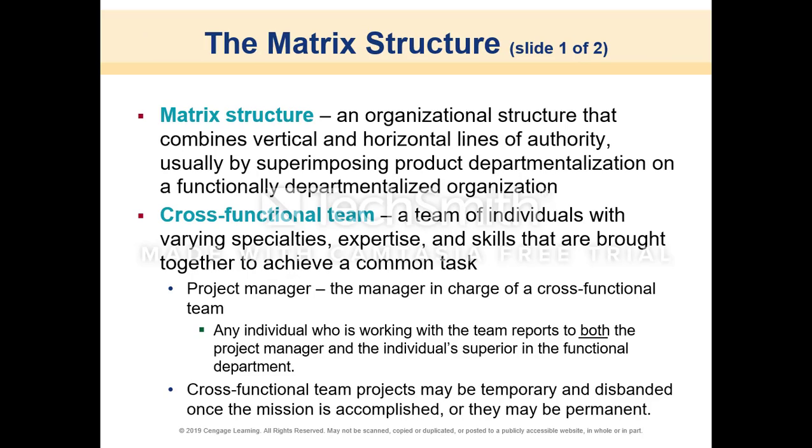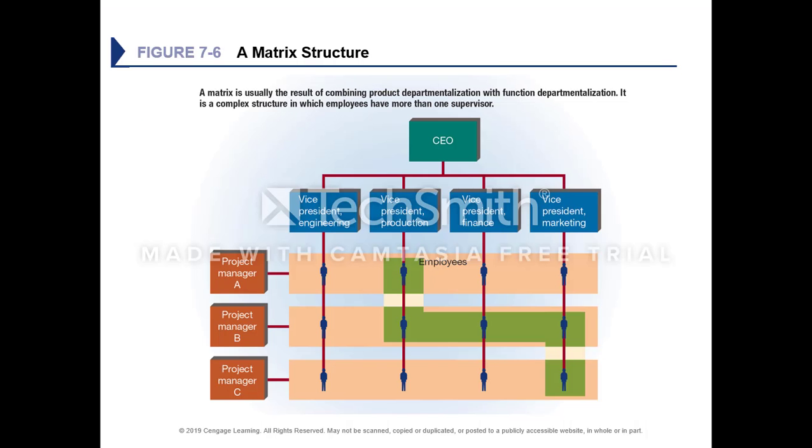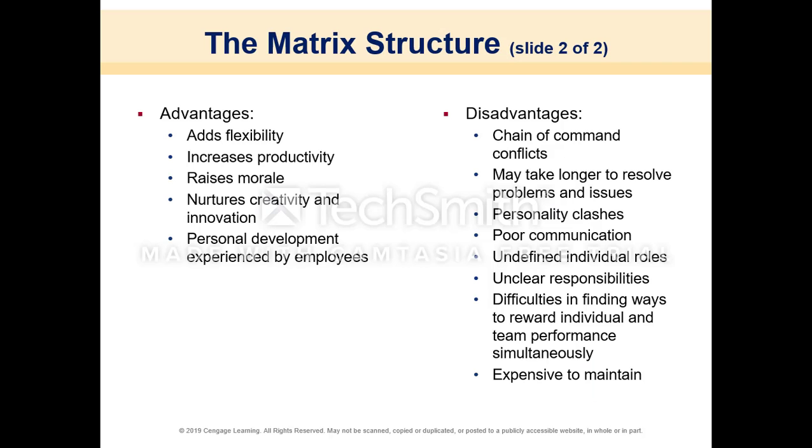In a matrix organization, authority flows both down and across, and individuals report to one or more than one superior. This is what a matrix structure looks like. These matrix structure teams are empowered to make major decisions.